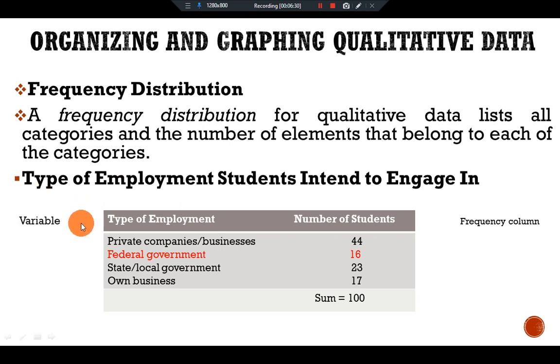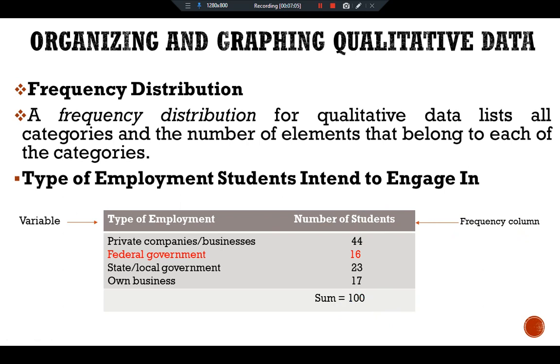We have type of employment as a variable, which is purely a qualitative variable, whereas the number of students represents the frequency column. This is the frequency column because we have selected 100 students at a university.